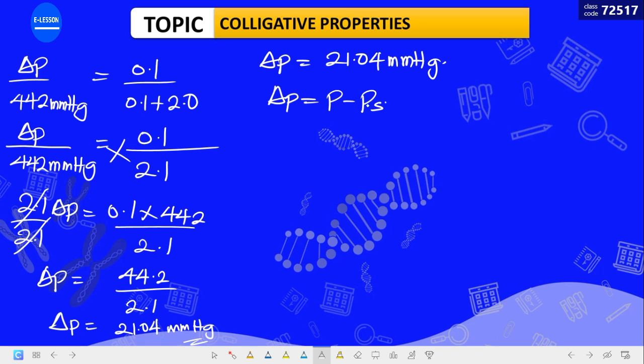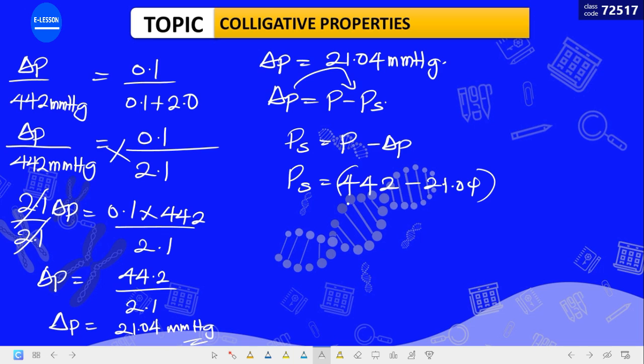If PS comes this way, PS would be equal to P minus change in P. Where is the pressure of the pure ether? 442 minus change in P, which is 21.04, everything in millimeter of mercury. So PS is 442 minus 21.04.